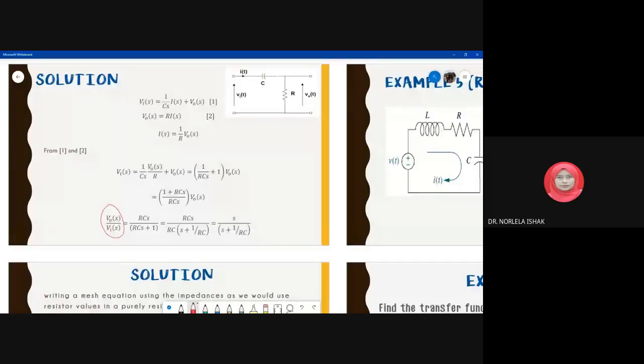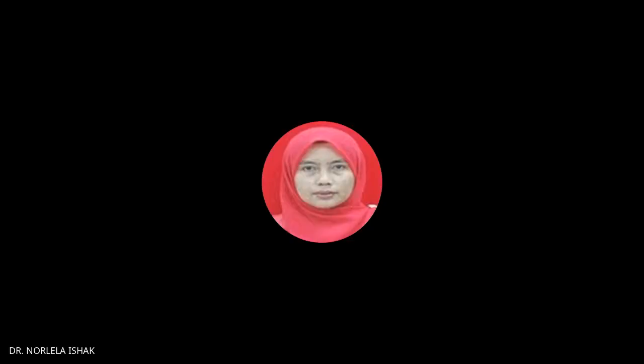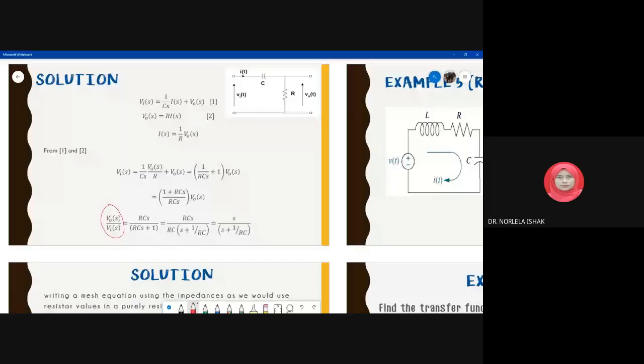From here, what's the transfer function? We want to define the transfer function, output voltage over input voltage. First step, we have to define the total voltage around the loop. So input voltage equals capacitor voltage plus resistor voltage, is it?